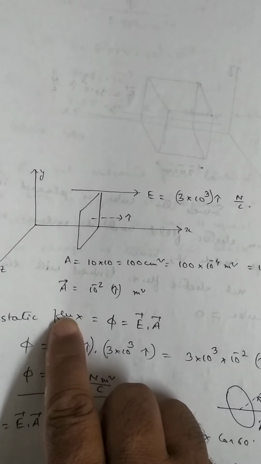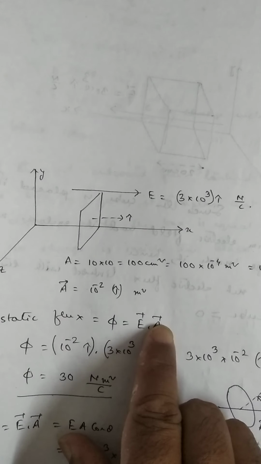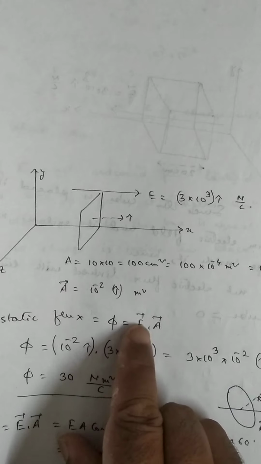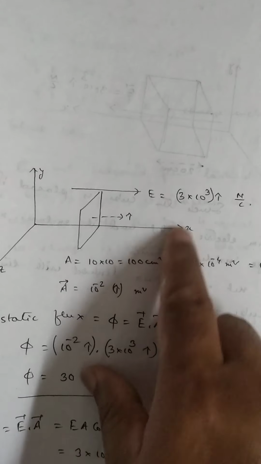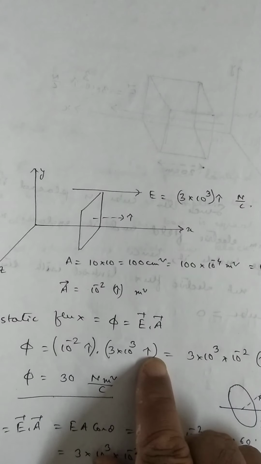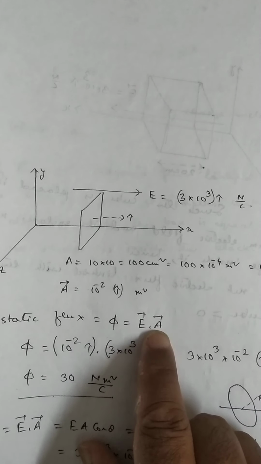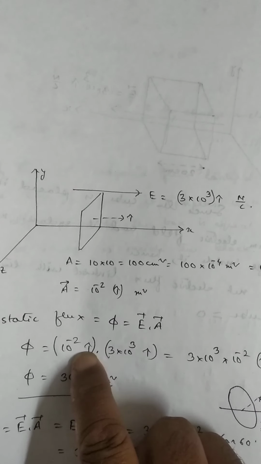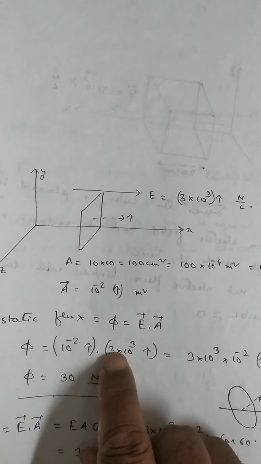So what is electric flux? It is E dot A. What is the area vector? 10 to the power minus 2 i cap. What is the electric field intensity? 3 into 10 to the power 3 i cap. Since the dot product is commutative, E dot A is equal to A dot E, therefore I have written A here. So this is the dot product of magnitude and magnitude.